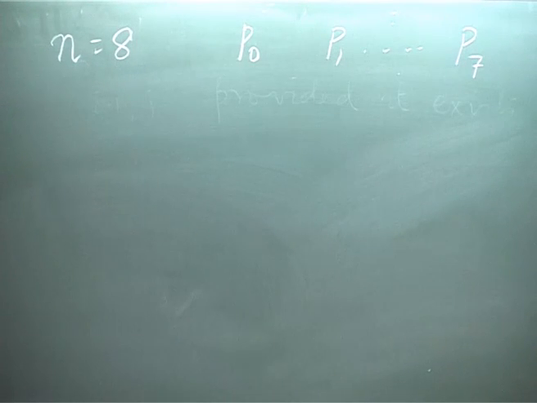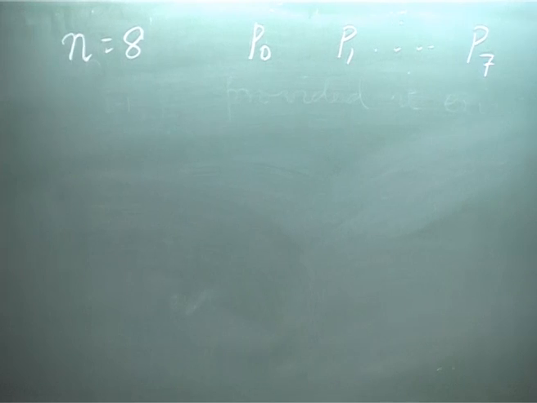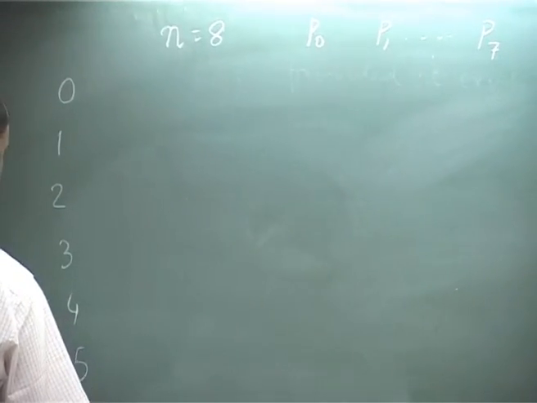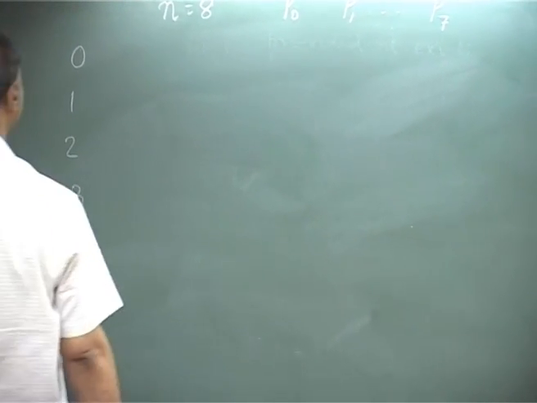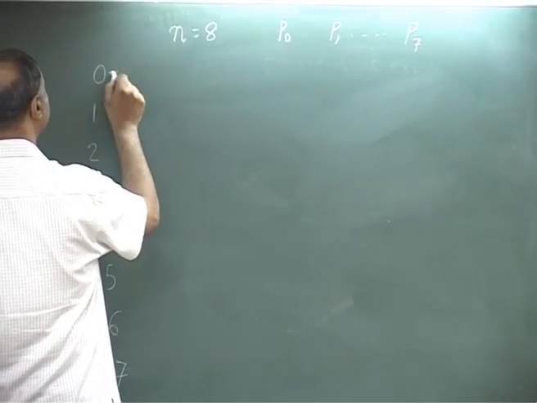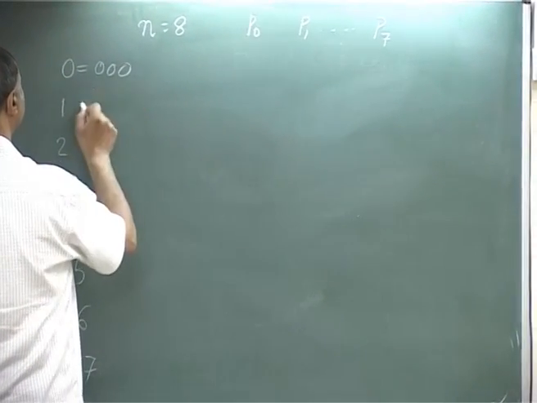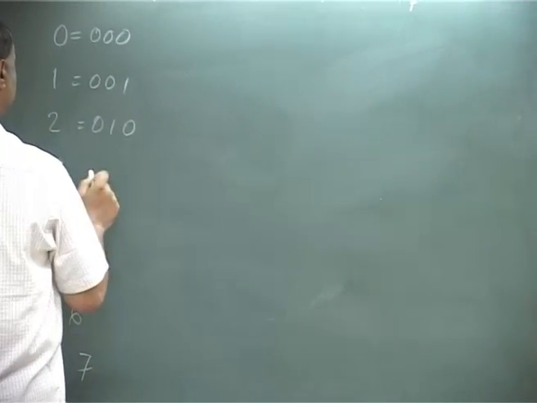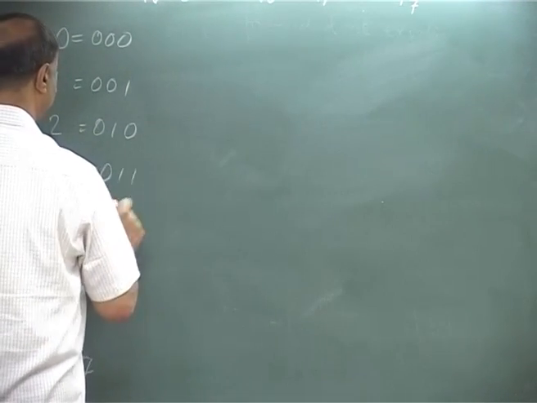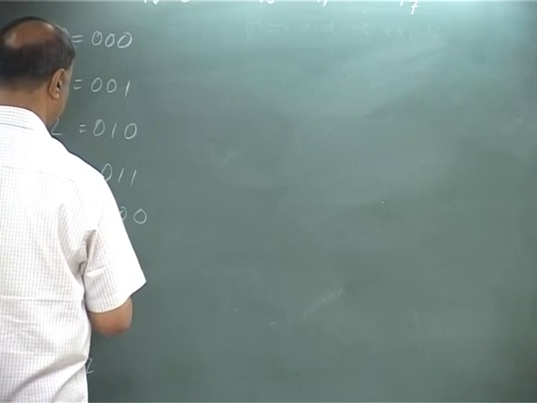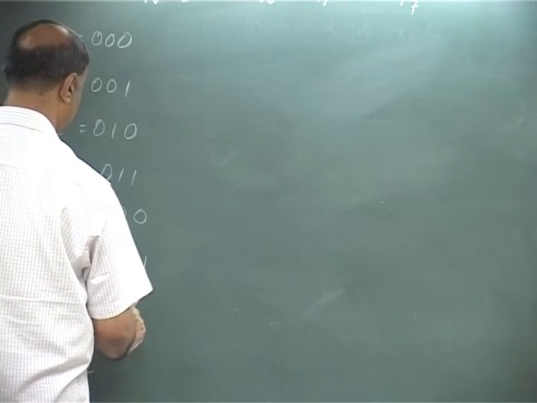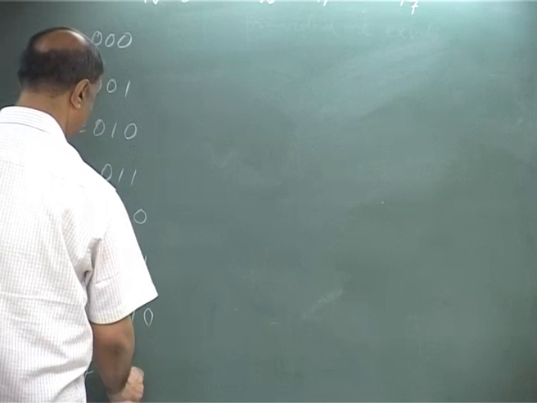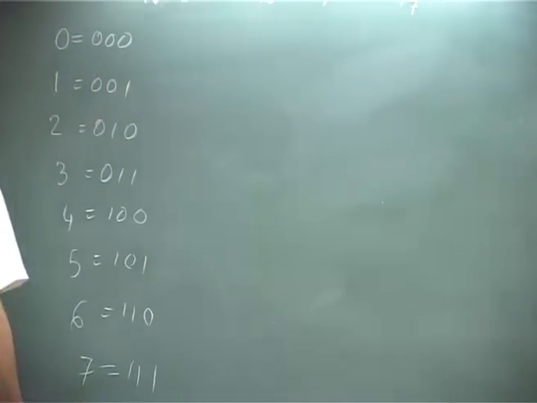So you have 0, 1, 2, 3, 4, 5, 6, 7. The binary representations of these are 000, 001, 010, 011, 100, 101, 110, and 111.